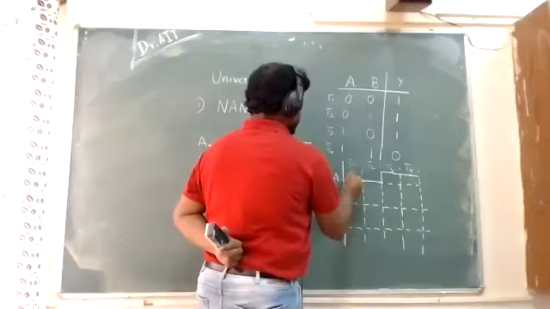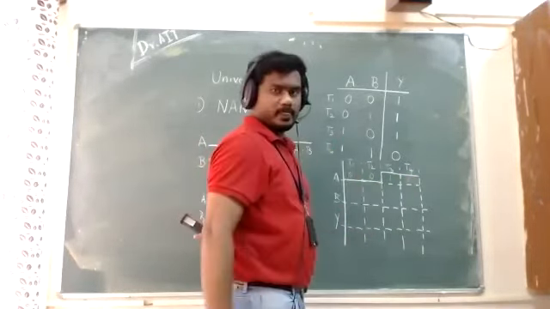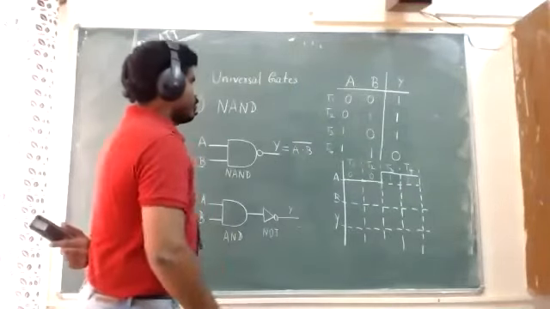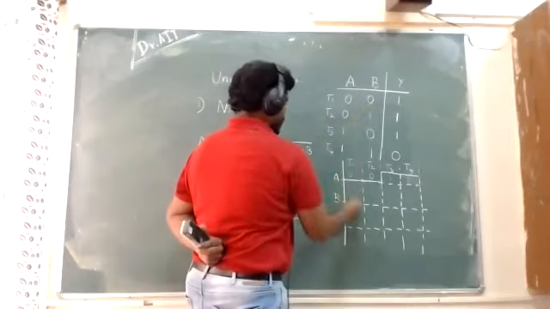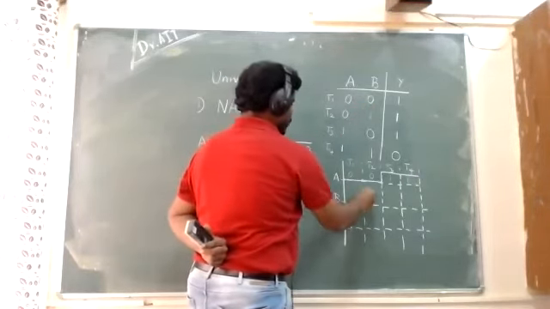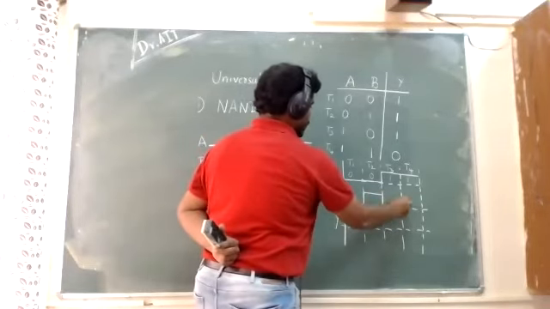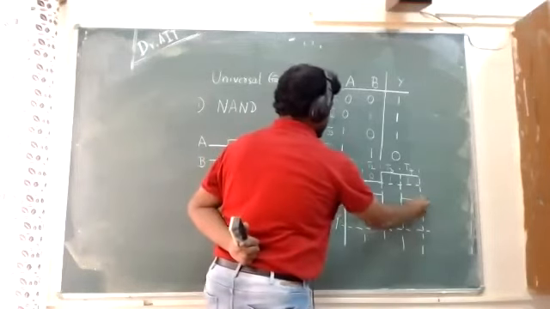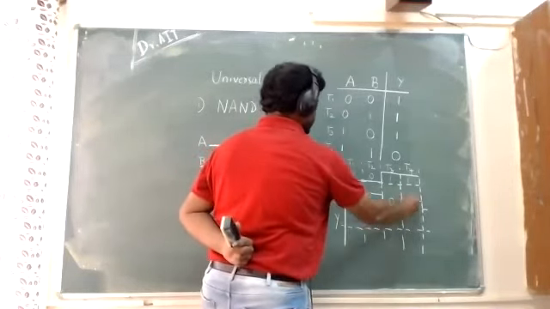So this is 0, 0, 1, 1. Then for the next input, B, in the first cycle B is equal to 0, then you have 1, then 0, and then 1. So you have 0, 1, 0, and 1.